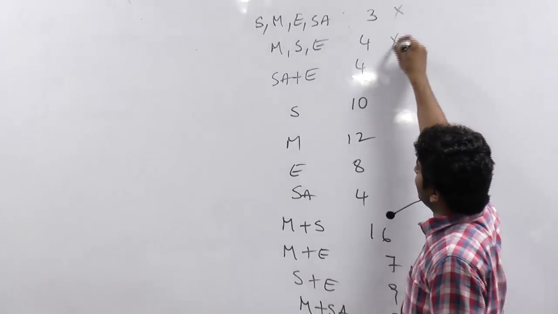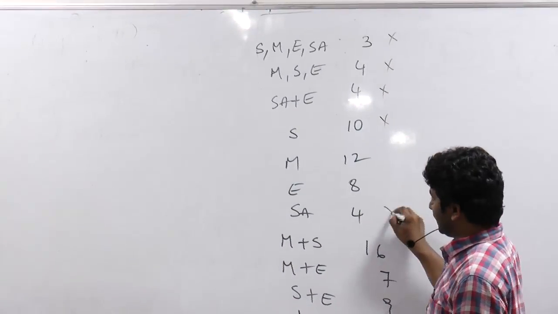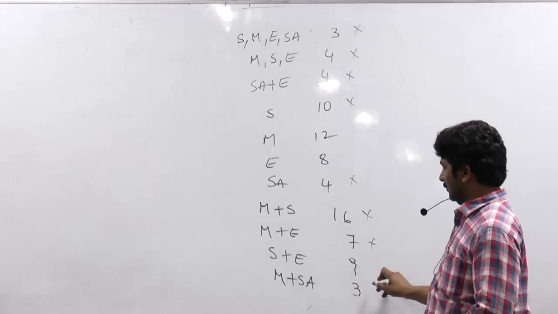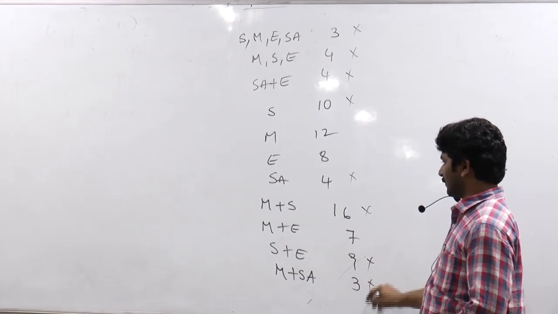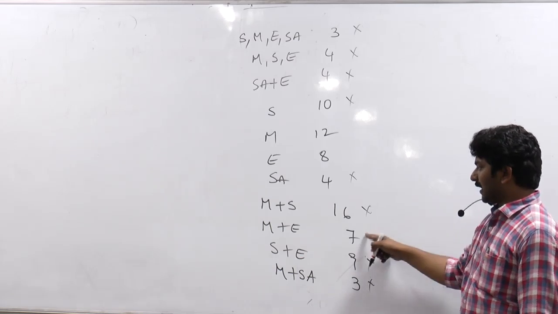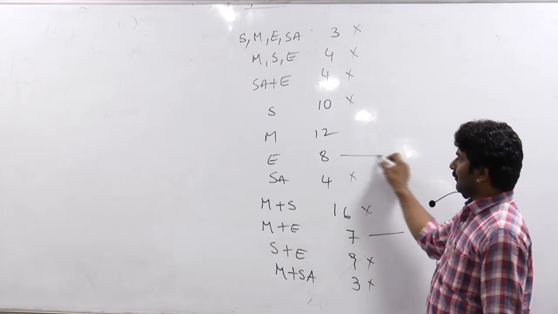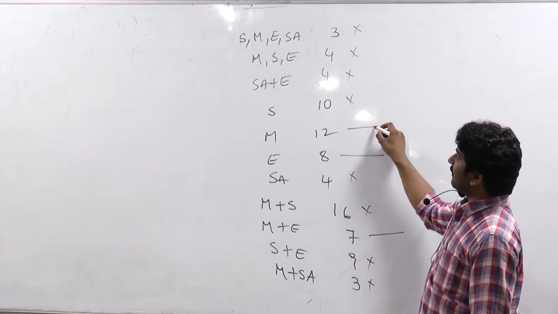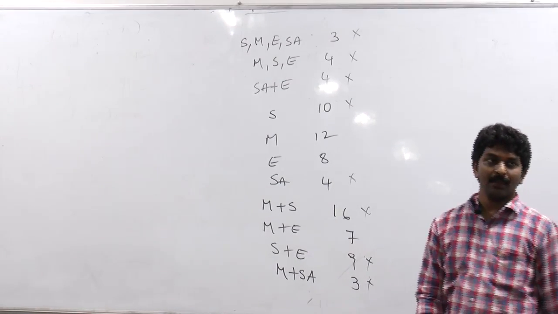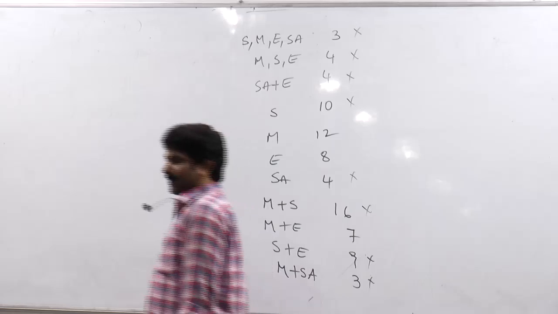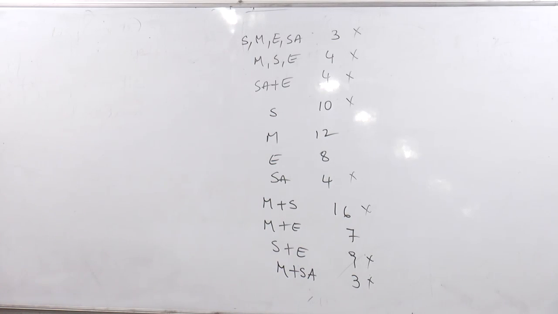Don't take this, don't take this, don't take this. Last two. You can consider 7, 15, 27. That's it. Wherever you have science or Sanskrit, you are not supposed to pick that. How much is our number? 27.